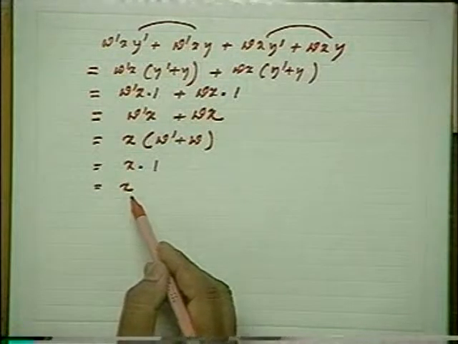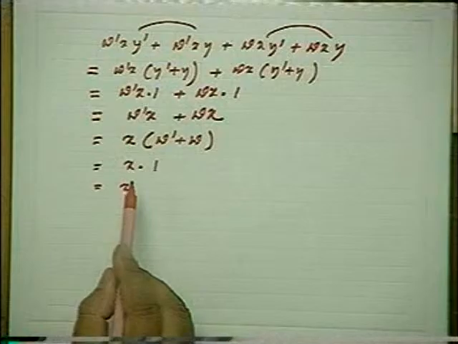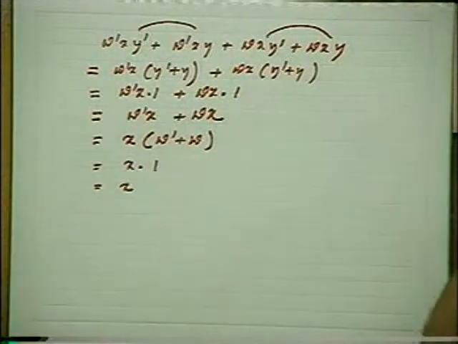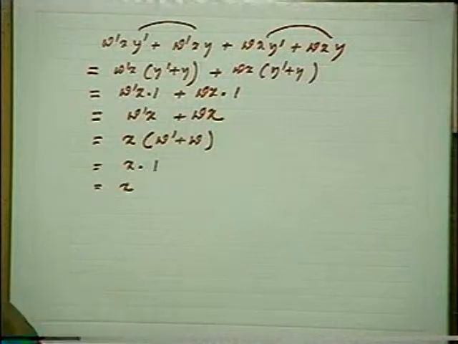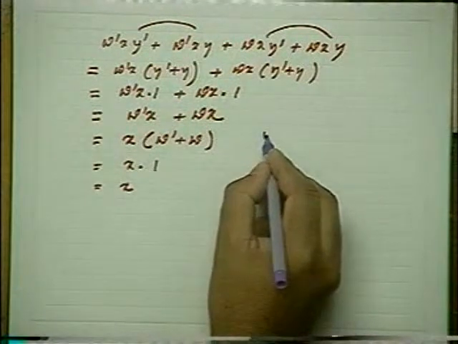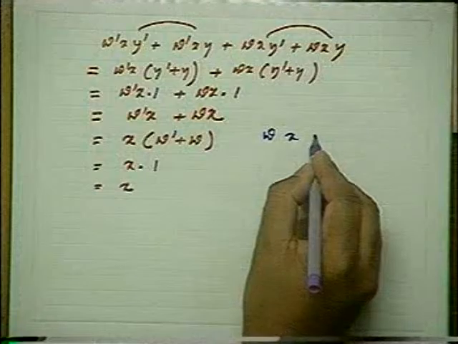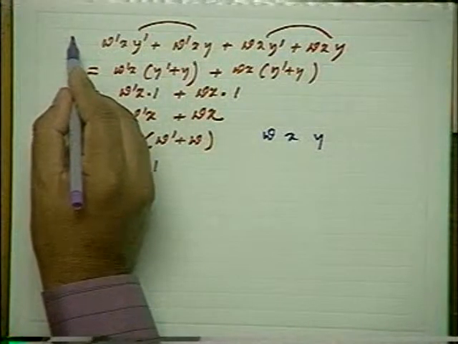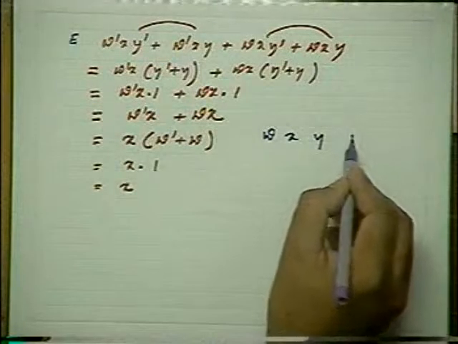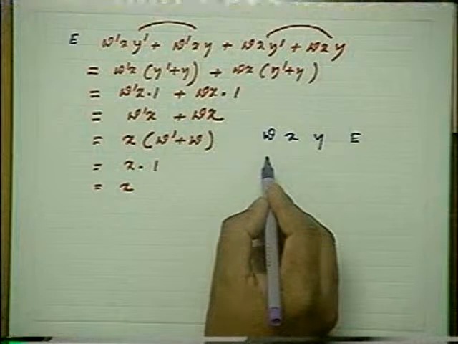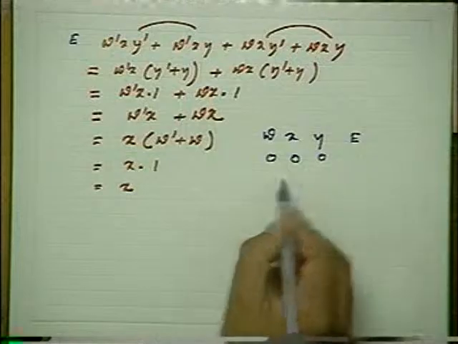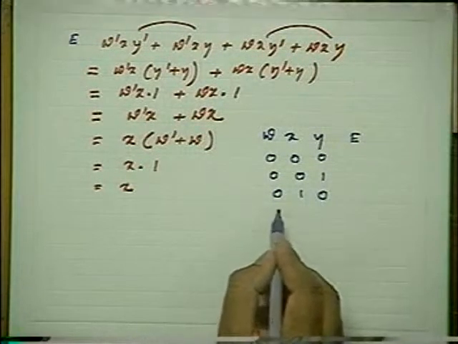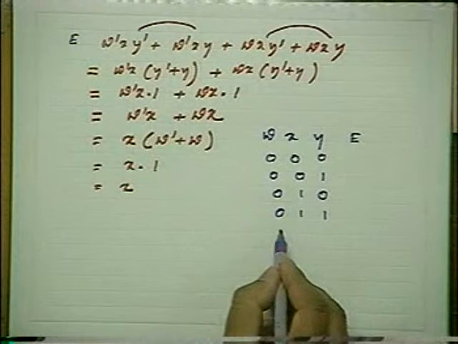Now, let's see the truth table of it and see how the function comes. Say w x y, and let these expressions we call it to be say e: 0 0 0, 0 0 1, 0 1 0, 0 1 1, 1 0 0.